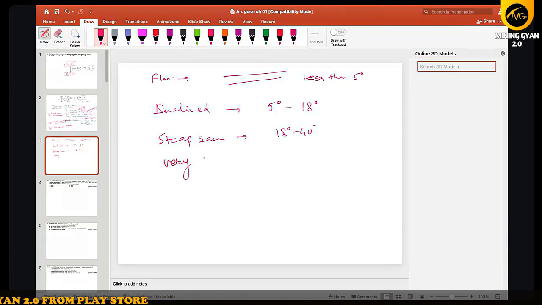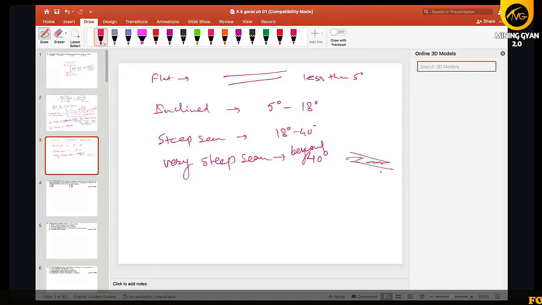Very steep seam beyond 40 degree. So if this is your seam, it is the gradient theta.